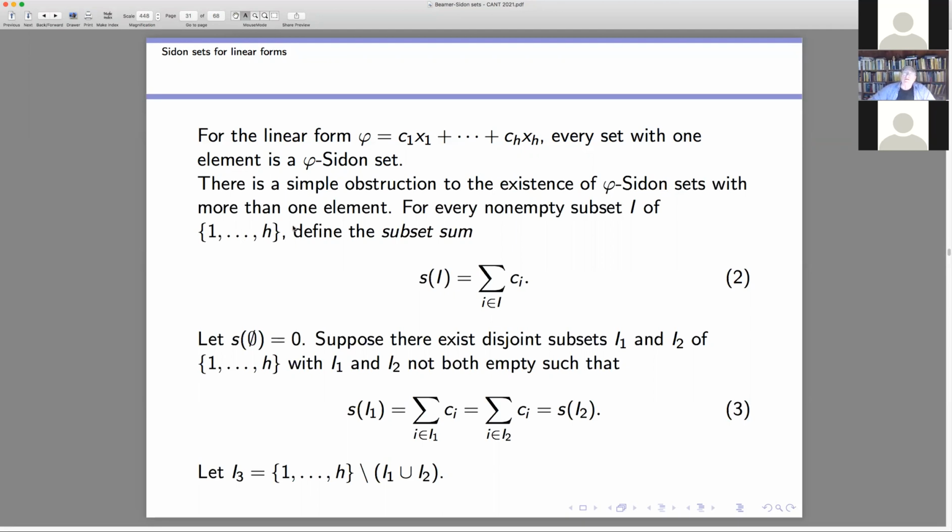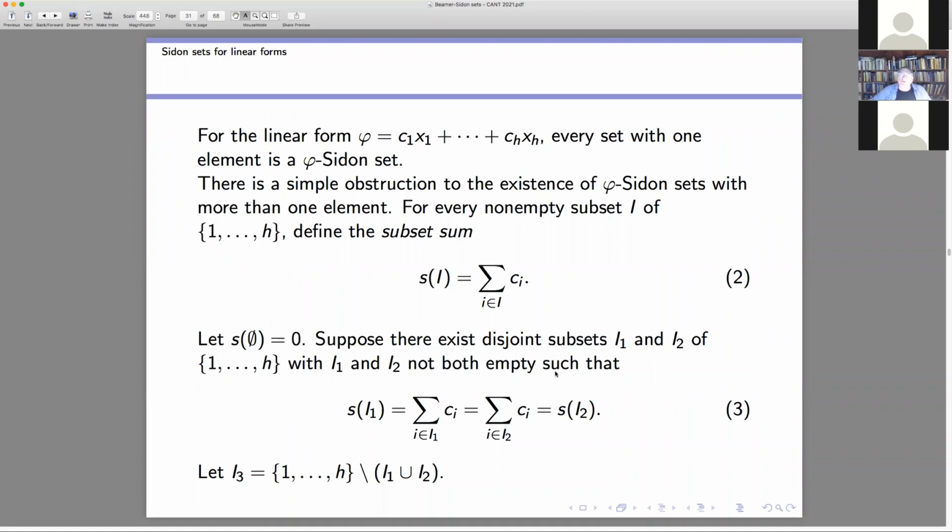So there is a simple obstruction to the existence of a phi Sidon set for a linear form. Namely, it's the following. You have this linear form with coefficients C1 up to C sub H. And for every subset I of this set of integers from 1 to H, you have the subset sum. So S of I is the sum of the coefficients C sub i for i in the set I. And you let S of the empty set be 0.